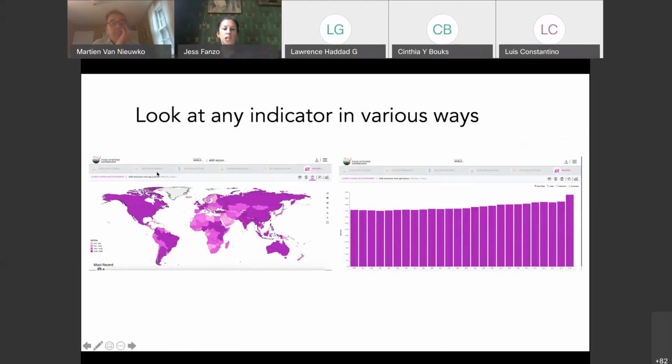And you can look at any of the 170 indicators. So here, for example, is greenhouse gas emissions from agriculture, a world map with gradients. This on the right is showing you the same by a bar chart. So you can look and do a deep dive in any indicator that you want in any way.